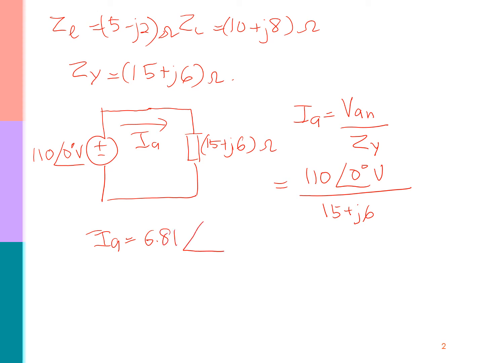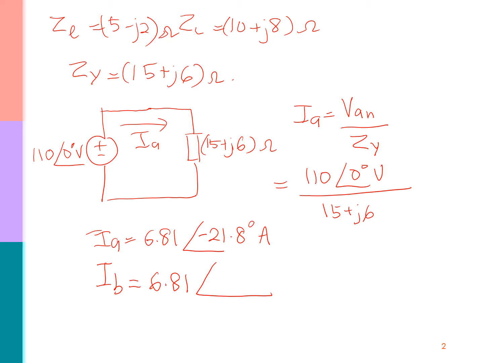You will get IA equivalent to 6.81 with minus 21.8 degree ampere. Since the source voltages are in positive sequence, the line currents are also in positive sequence. To get IB, the magnitude of IB is the same as IA, which is 6.81, but the phase angle for IB is minus 120 degree out of phase.